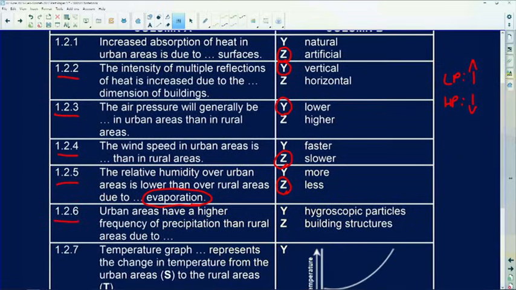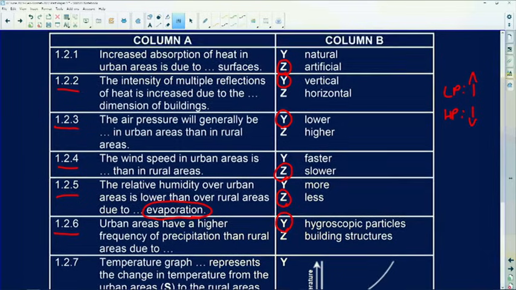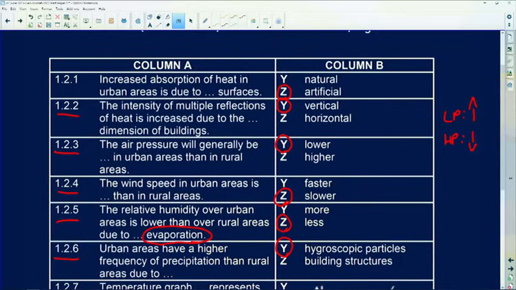If you look at our next question, 1.2.6, urban areas have a higher frequency of precipitation than rural areas due to hygroscopic particles or building structures. Now the correct answer over there is hygroscopic particles. Even though urban areas have a drier type of air, the air rises, because artificial heating is taking place.